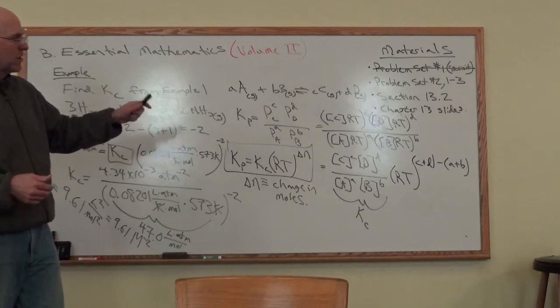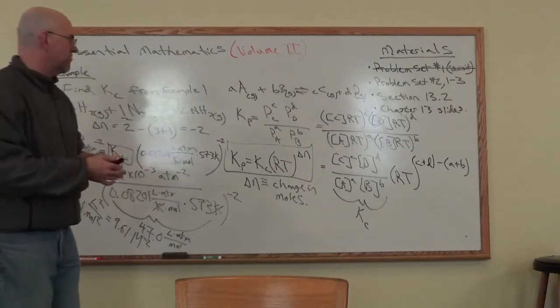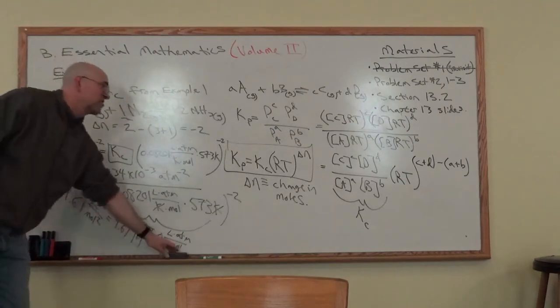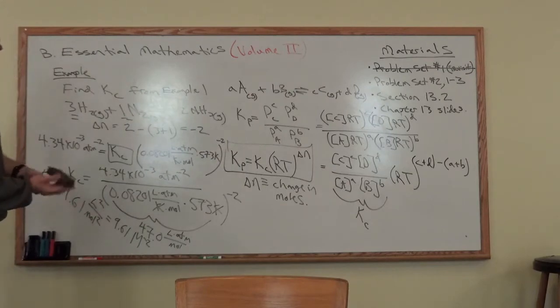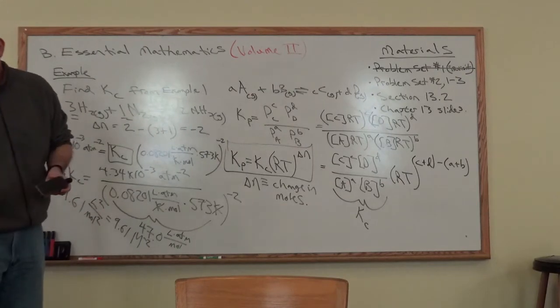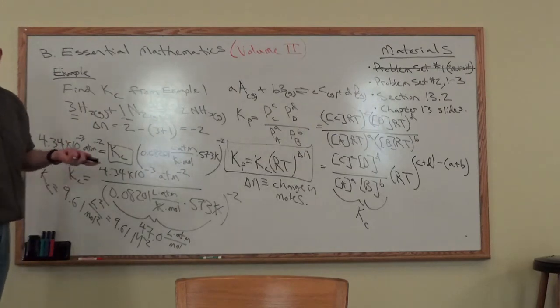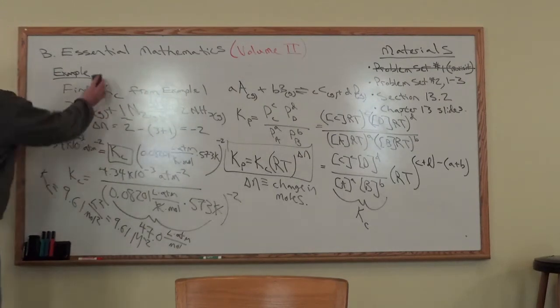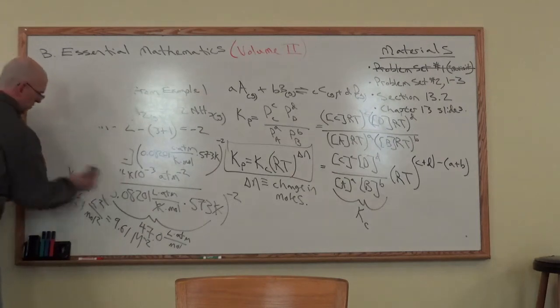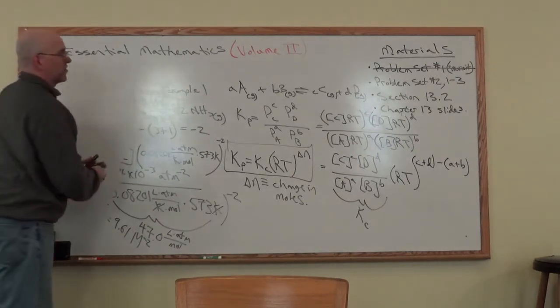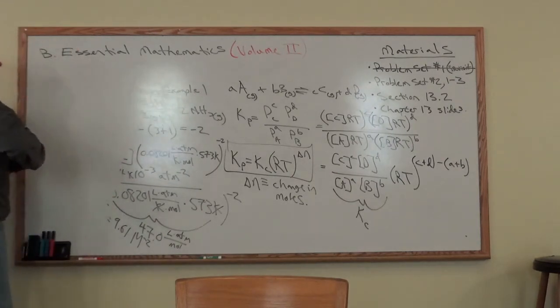The next ones don't involve a ton of math, so I'm not going to do, well, they involve some, so just give me a second here to erase. So that's calculating a Kp from a Kc. And the last thing, if you want to look at your notes, we'll do number 4. Oh, I'm sorry, I really wasn't doing the notes very well.